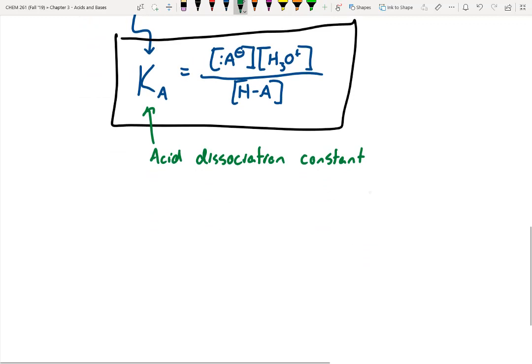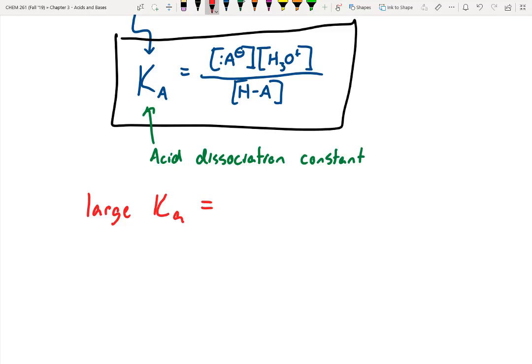All right, so now I've got a more abstract question for you. Let's say we have a large Ka. What does that tell you about the acid? Is it a strong acid or a weak acid if you have a really, really big Ka? So large Ka is strong acid? Or small? Let's think about it. Some people get it flip-flopped. What do you guys think?